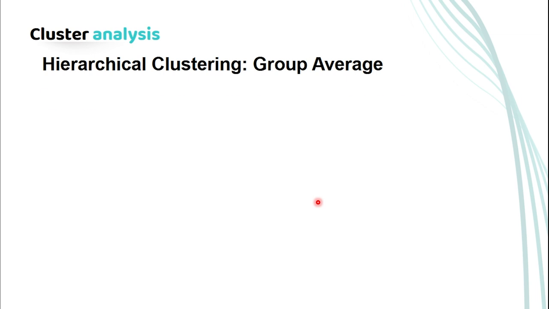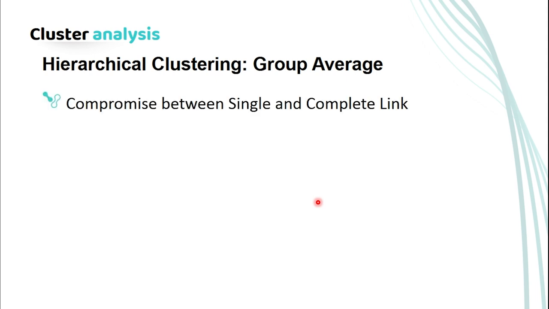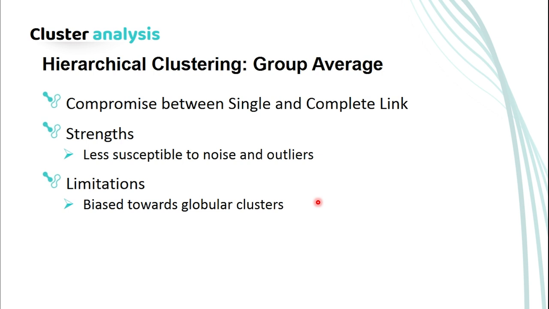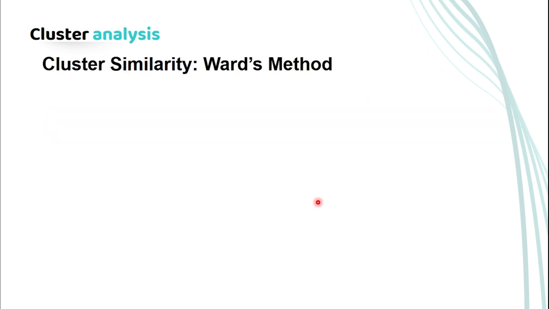Hierarchical clustering using group average is a compromise between single and complete link. The strength of this measurement is that it is less susceptible to noise and outliers, and the limitation is that it is biased toward globular clusters.